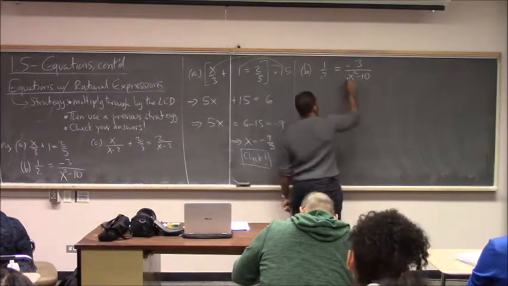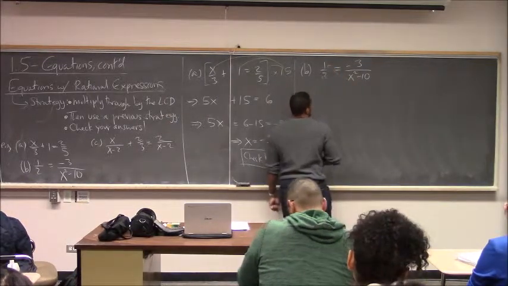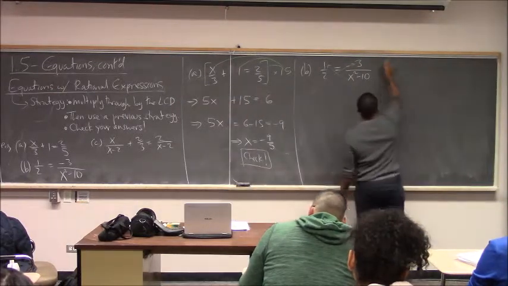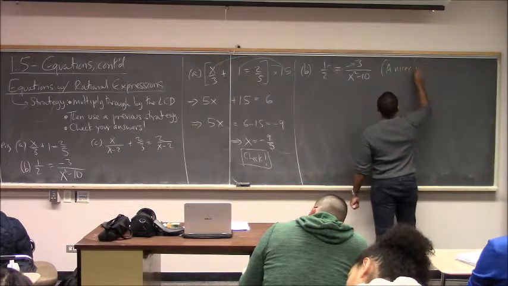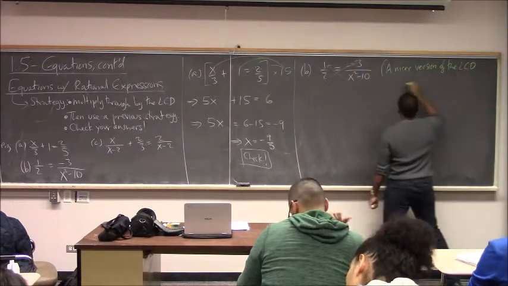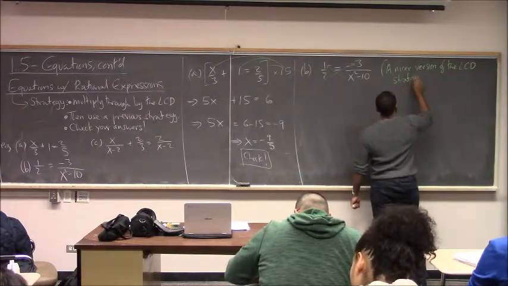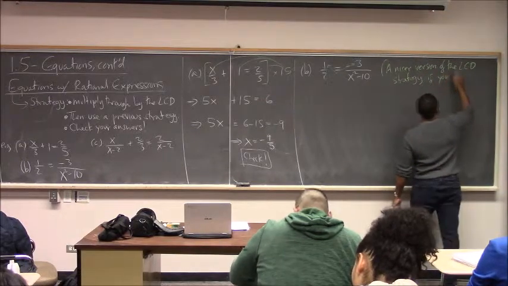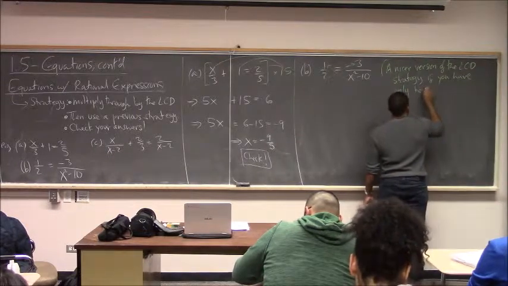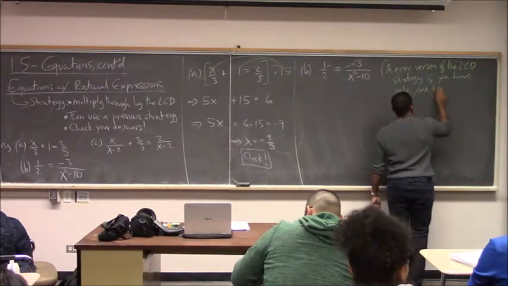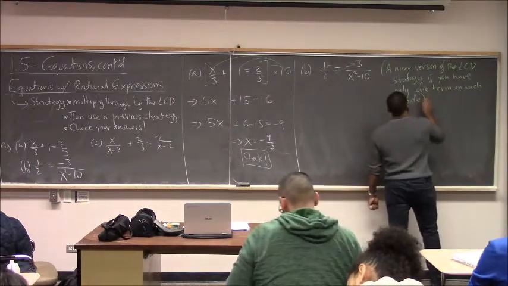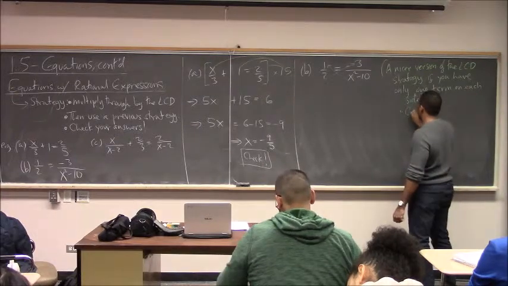What that means is you would multiply by this guy and multiply by that guy, which creates a cross. And it's a nicer version of the LCD strategy if you have only one term on each side. We call this cross multiply.